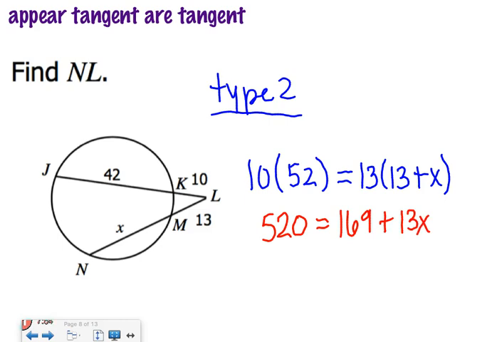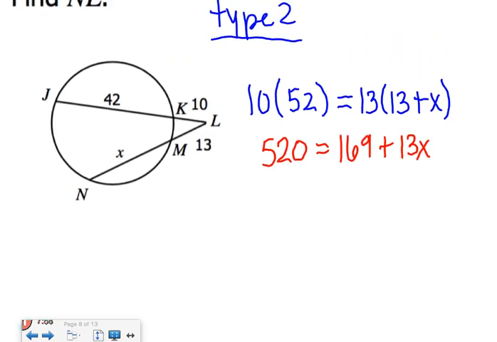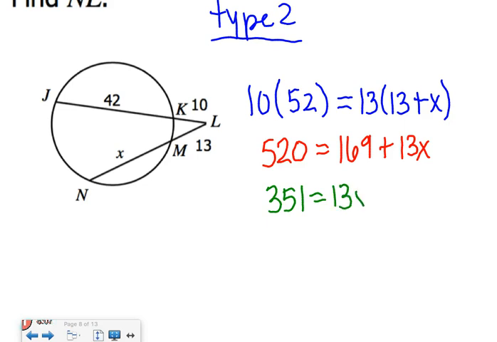What's 520 minus 169? 351. That is a cool number. Divide out. But now we have to answer the question. We want to find NL. So what's the length of NL? 40.